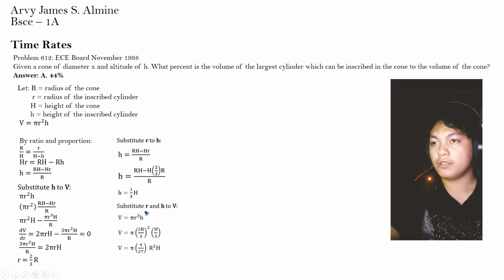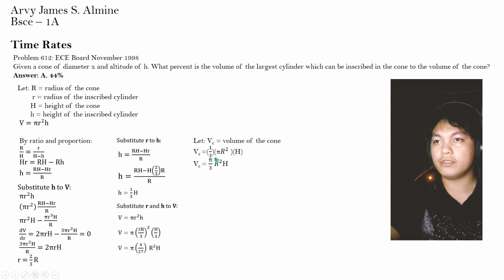So substitute r and h to V. We have V is equal to pi r squared h. V is equal to pi times 2R over 3 squared times H over 3. So V is equal to pi times 4 over 27 times R squared H. Let VC be the volume of the cone.